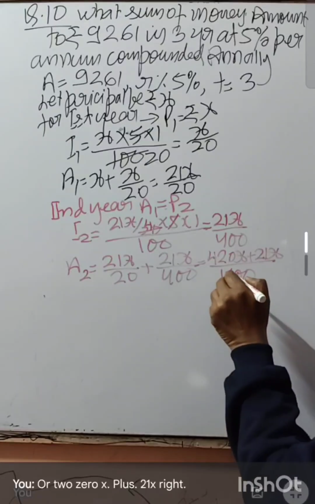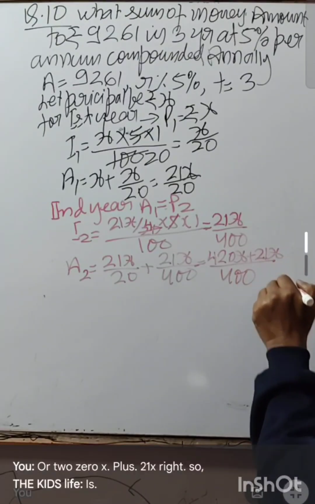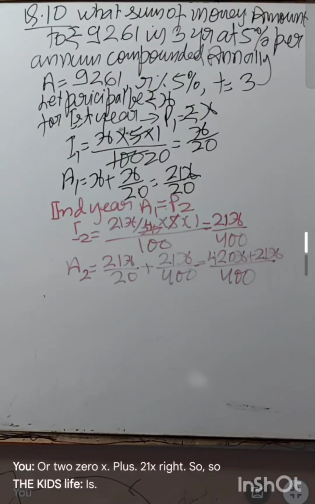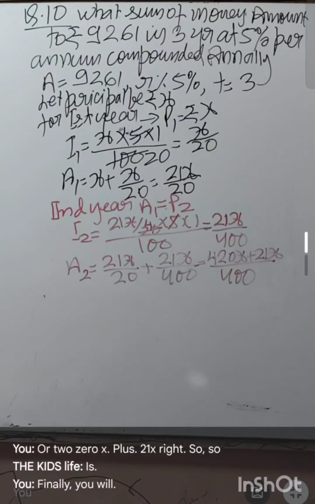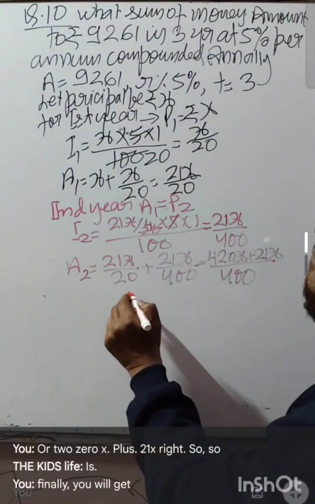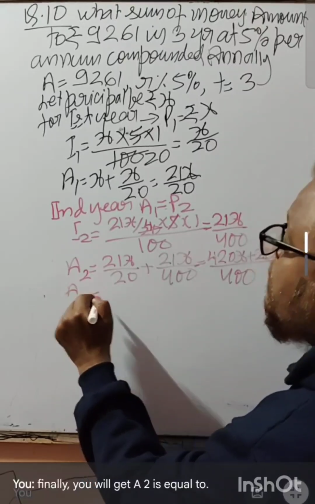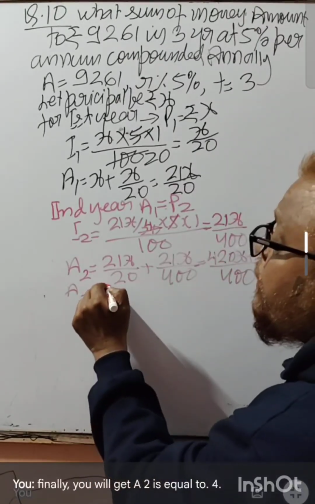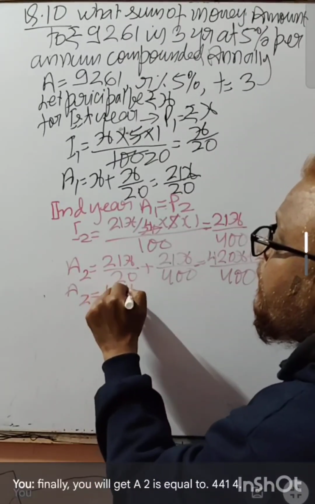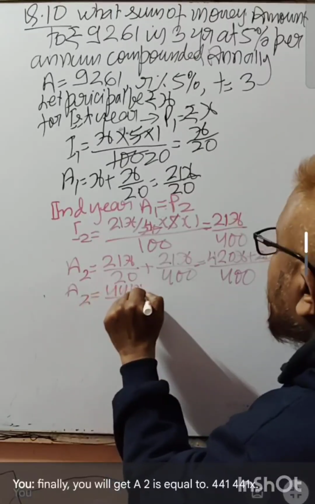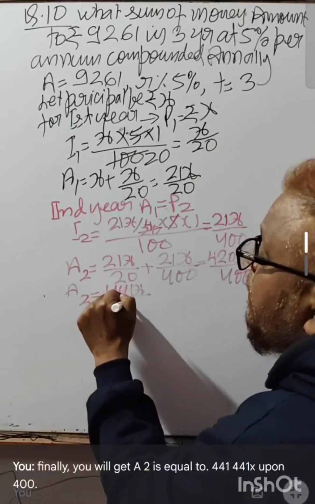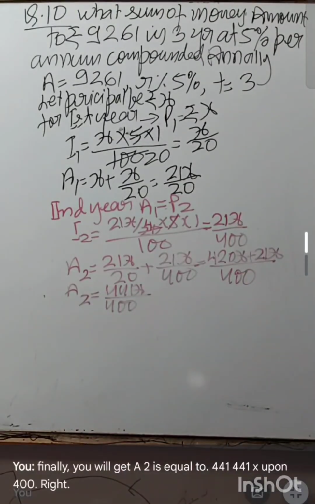So finally you will get A2 is equal to 441x upon 400. Right?